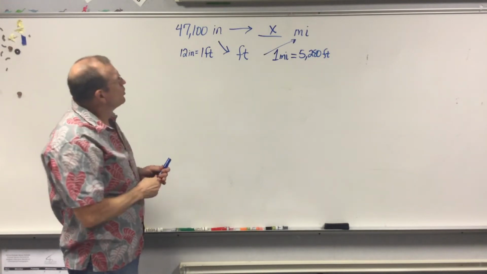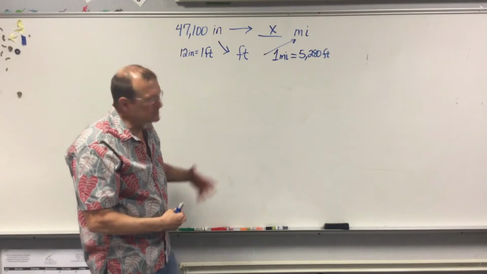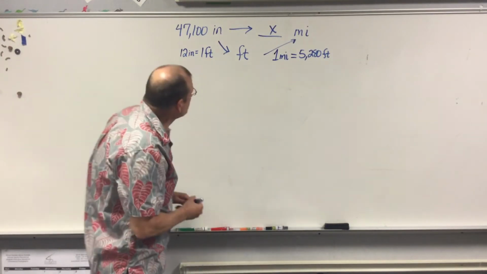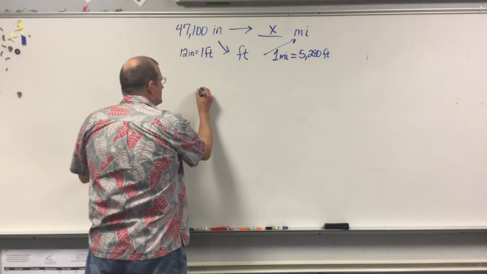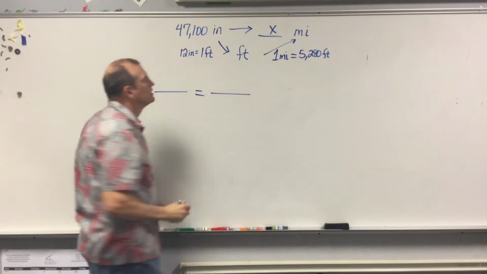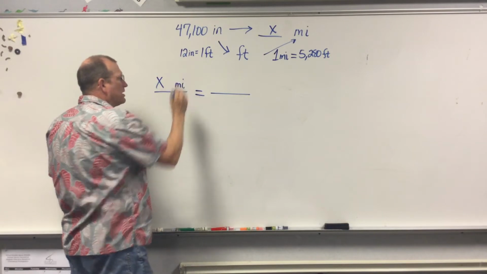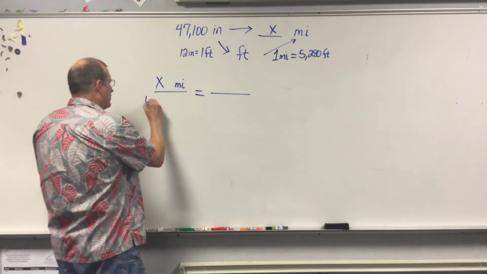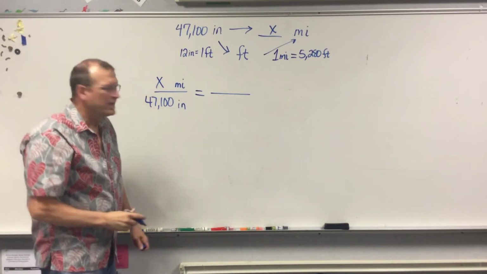So now we need to go through our conversion process just like we did before, but we're going to have to do it twice. So let's start. If we start with this first one, I want to know how many miles there are in this value of 47,100 inches.